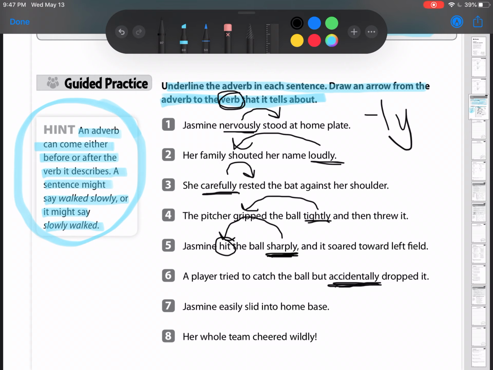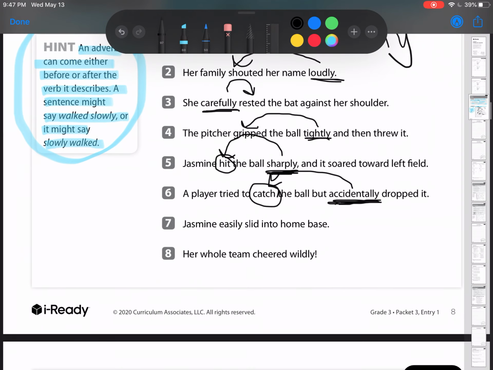Accidentally, and it's describing our verb, which is catch. Jasmine easily slid into home base. So what did she do? What's her action? She slid. Her whole team cheered wildly. Oops. Here's our adverb. What did they do wildly? They cheered.